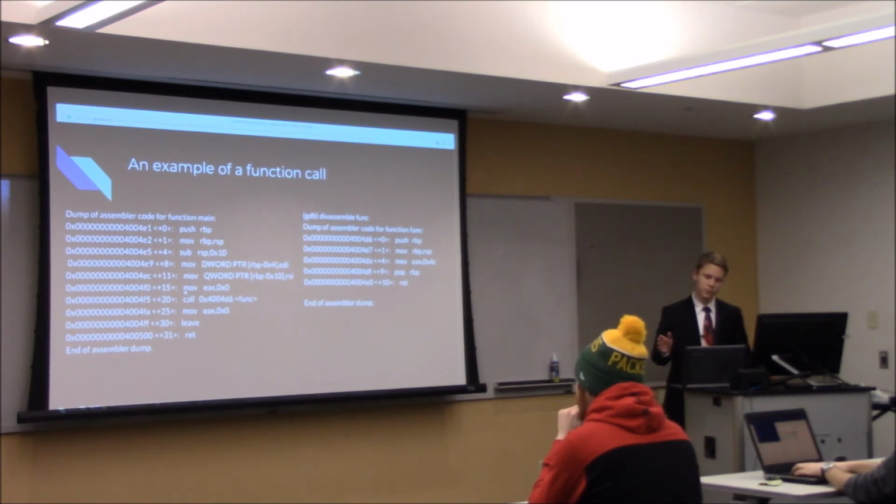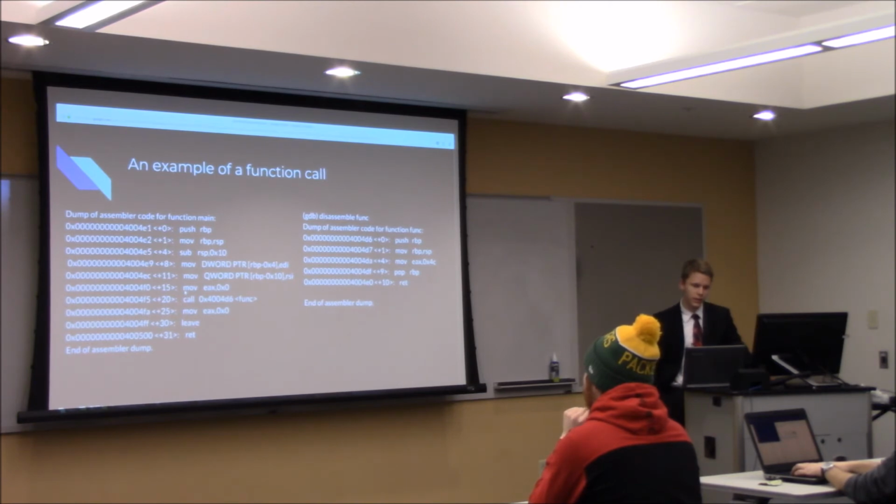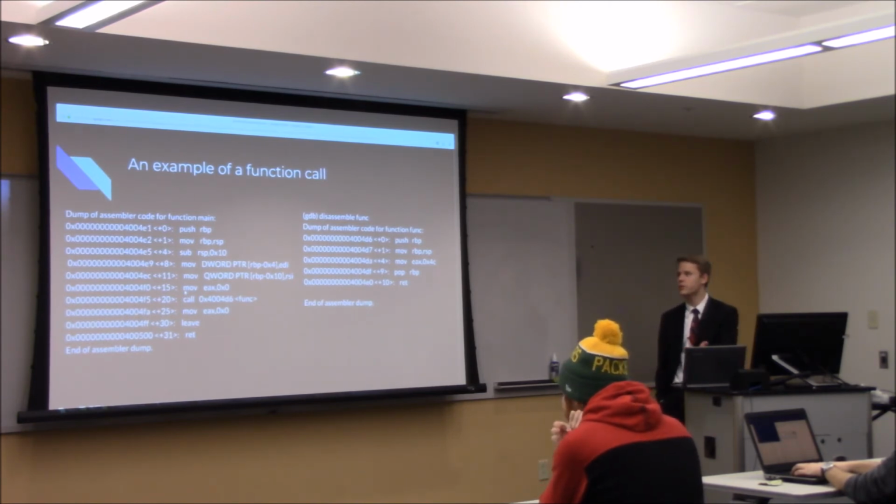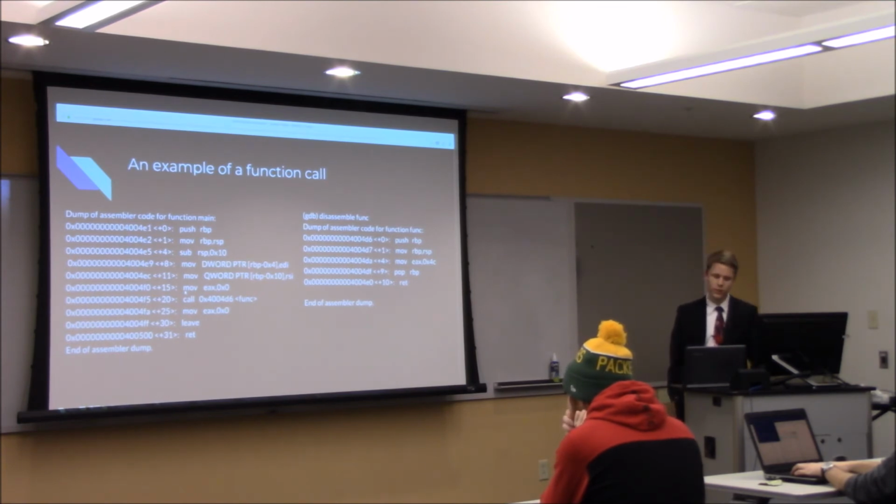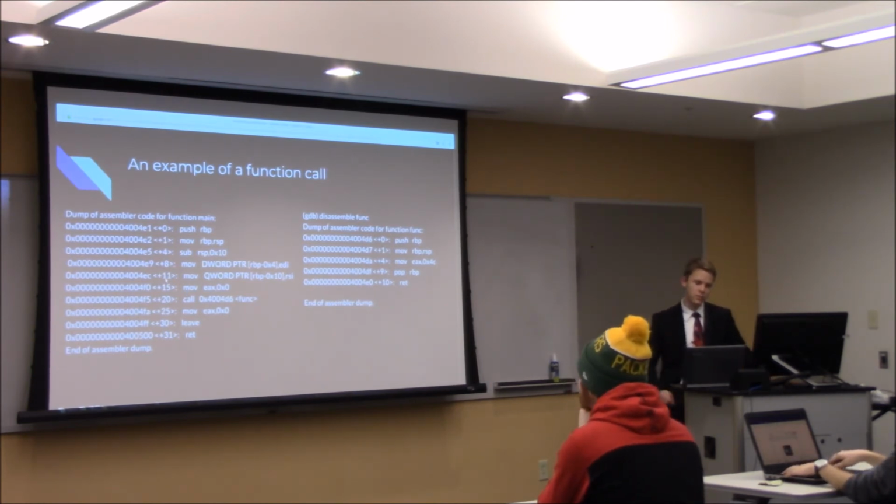So here's an example of a function call. On the left there's main, on the right's the function that's being called. First thing you have is these 2 instructions that you'll see at the beginning of most any function. Push the base pointer onto the stack, move the stack pointer to the base pointer.